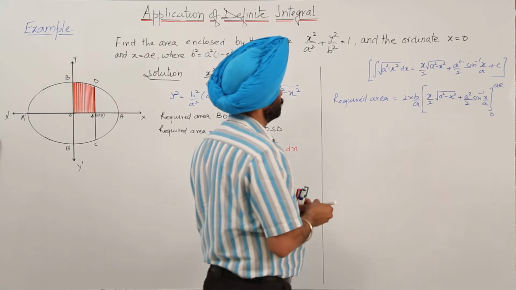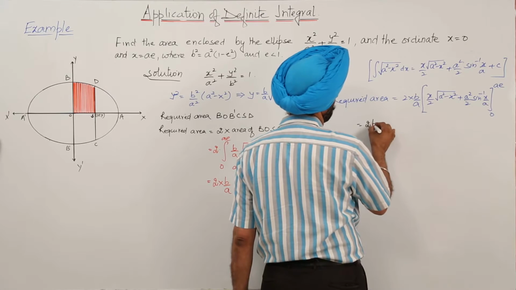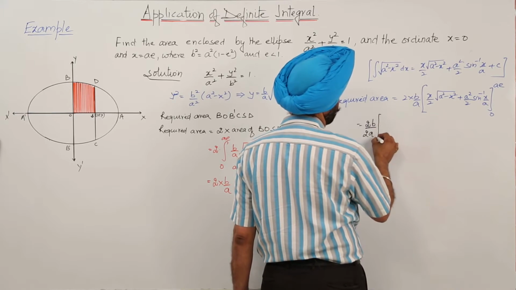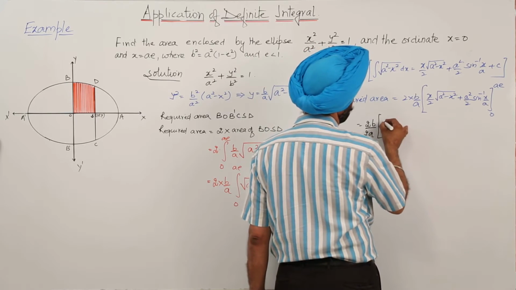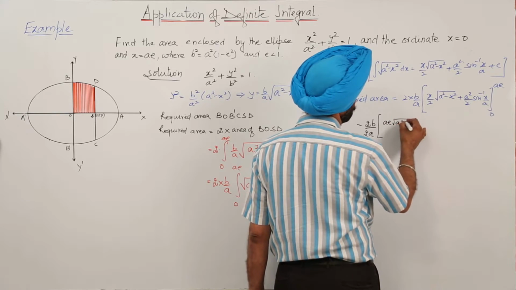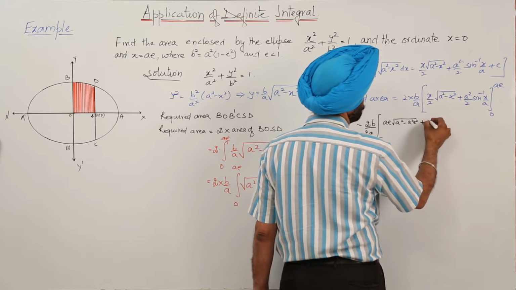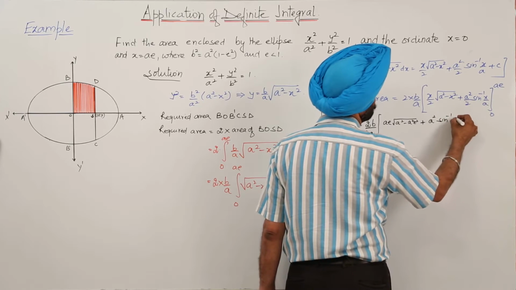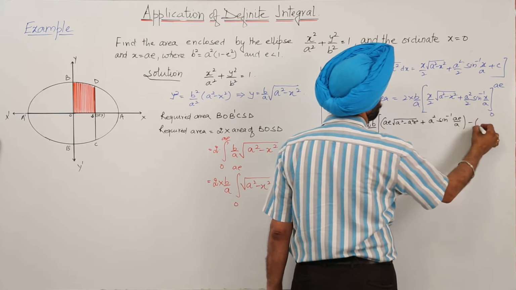Now, this becomes 2b upon 2a. I have taken these two common. 2b upon 2a, ae and square root of a square minus a square e square plus a square sine inverse ae upon a, minus 0.